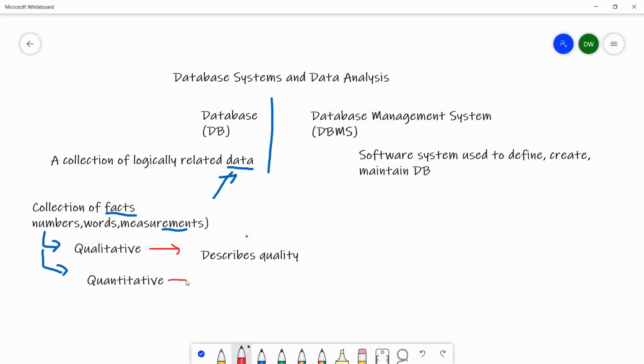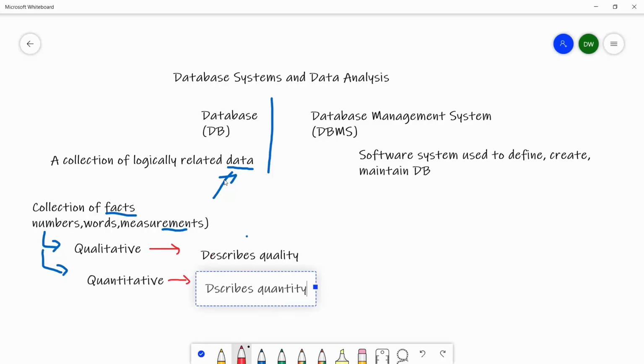What quantitative data does is it describes quantity, right? Quantity means amounts, height, weight, or a count of something. That kind of thing comes under quantitative data. And the quality, what color, whether it's smelly or smells good, those things come under qualitative data, right?